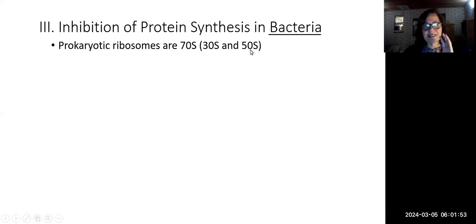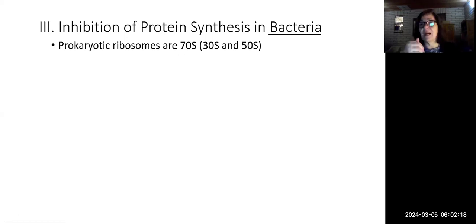The next thing I'm going to tell you about this S is completely FYI, but some of you are going to get stuck on the fact that 30 plus 50 do not add up to 70, and you are correct, they don't. This unit is not a measurement of mass or anything like that. It's actually a measurement of time. The S stands for Svedberg.